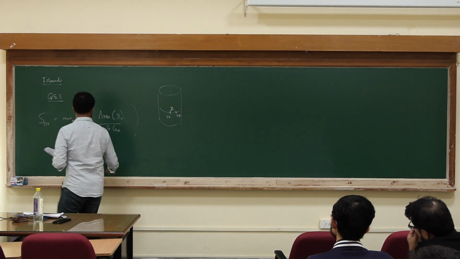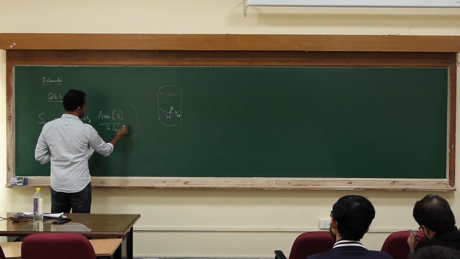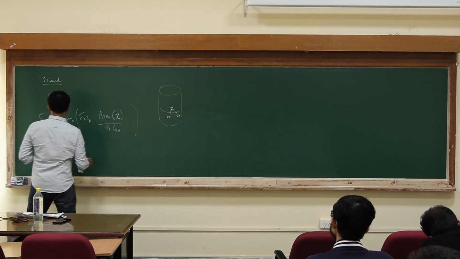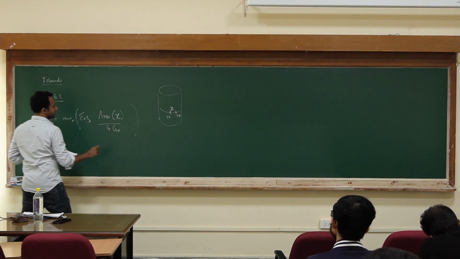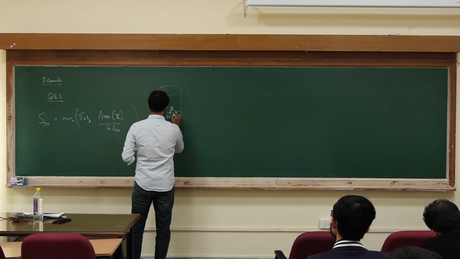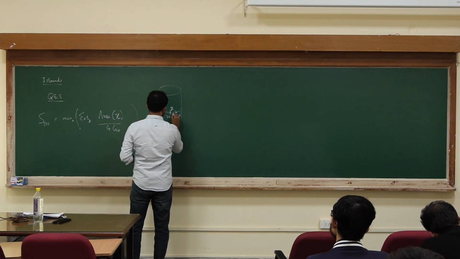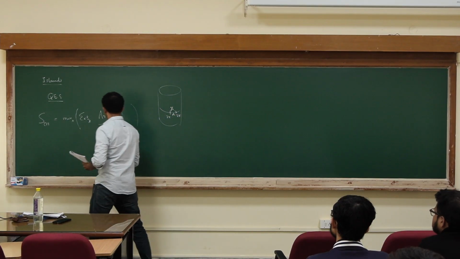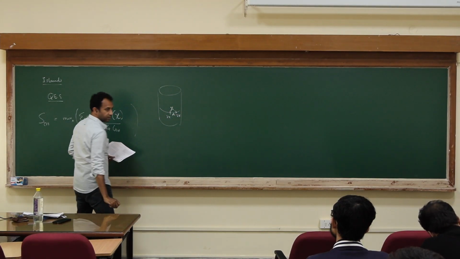Did I screw up the notation? No. So this is the area of chi, and then the claim is that this region here, let me call it A. The boundary of A is also the boundary of chi.